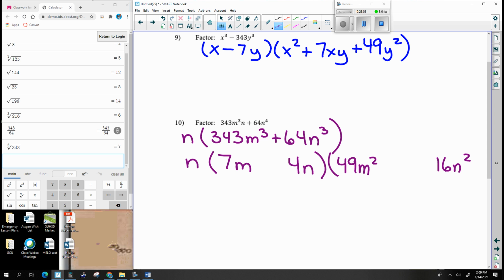Multiply to the middle, 7 times 4 is 28. m times n is mn. Symbol is a plus, so it'll be the same. Opposite of that is a minus, and this last one is always positive. There it is.